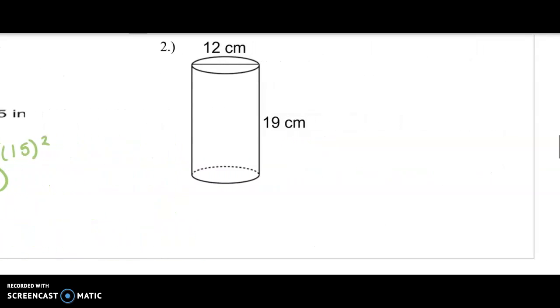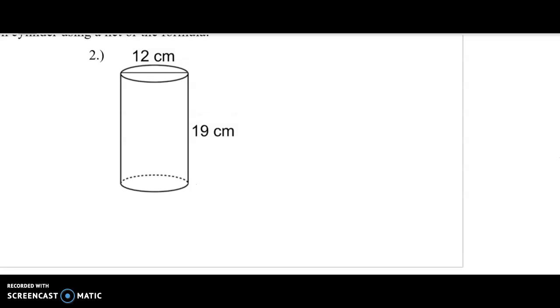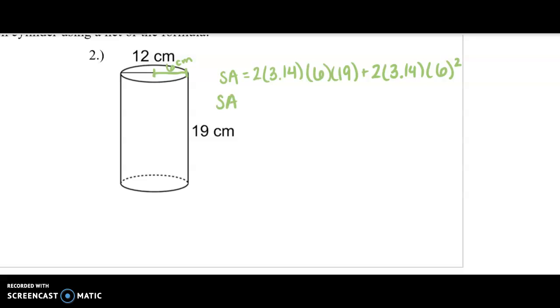Okay, very last one. Again, they're giving us the diameter here. I just want the radius, so I'm going to cut it in half to make it 6 centimeters. So the surface area is equal to 2 times 3.14 times 6 times 19 plus 2 times 3.14 times 6 squared. So that first one, 2 times 3.14 times 6 times 19 is 715.92.